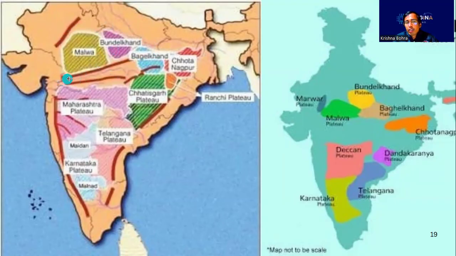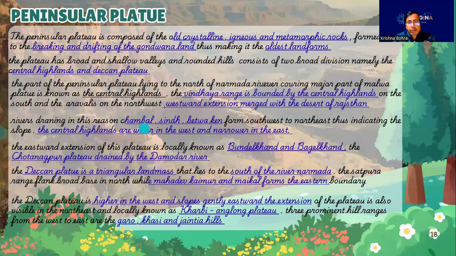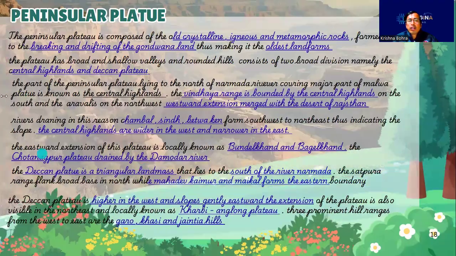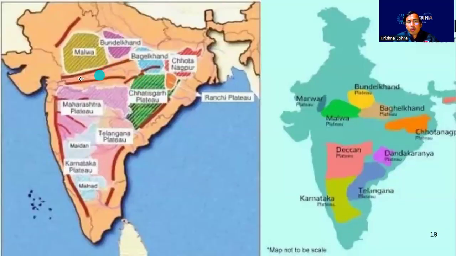This particular line is the Vindhya Range, and you know the Narmada River flows between Vindhya and Satpura.